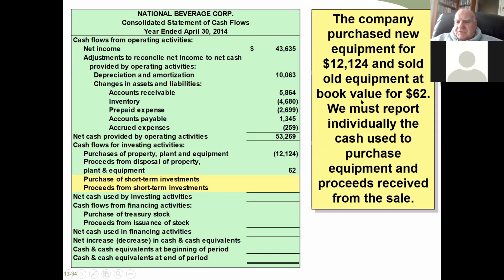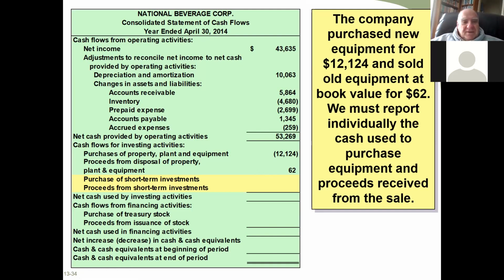On your cash flow statement, you have to say cash flows from investing, and then tell us what happened. We purchased property and equipment, but we also sold some property and equipment. If you buy property and equipment, that's a negative cash flow.